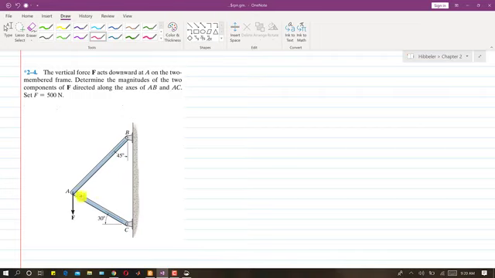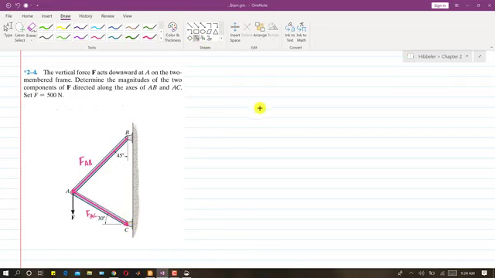If this force has two components along AB and AC, this means that F will be the resultant of those two components. Let's suppose I draw those vectors: this will be the component of F along AB, FAB, and this will be the component of F along AC.